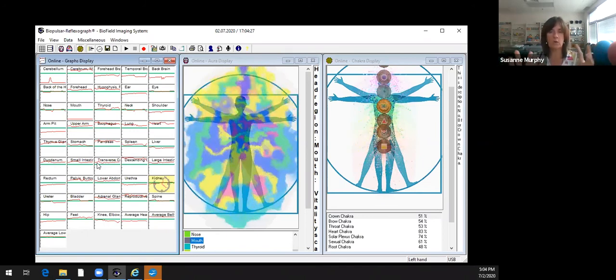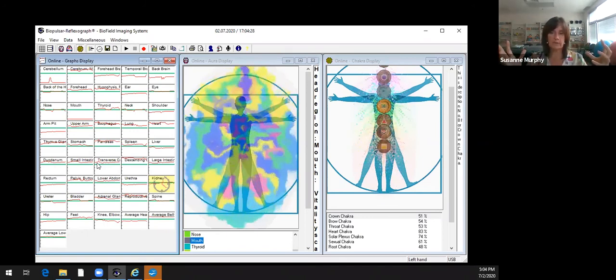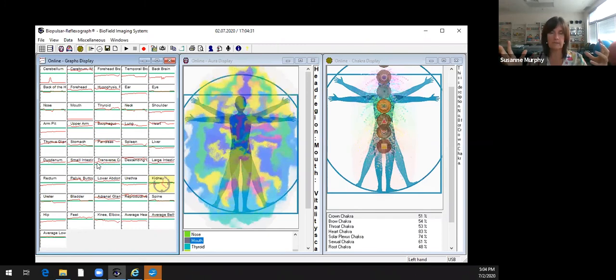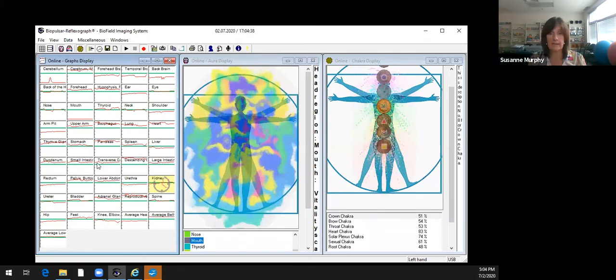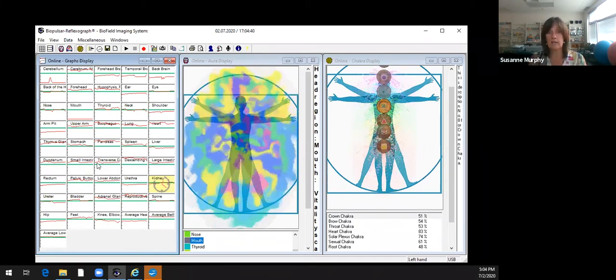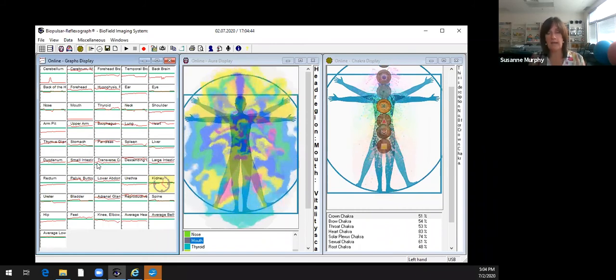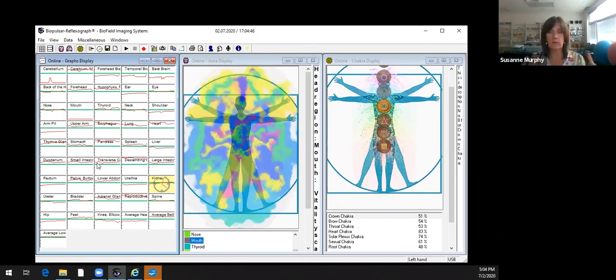And all of a sudden, her whole heart chakra exploded with green energy. And her mother started crying because she understood that it was the love and the hope that gave her the strength. And she lasted for several months.